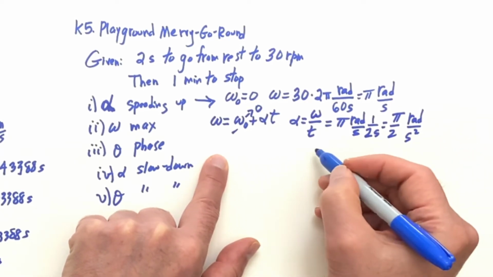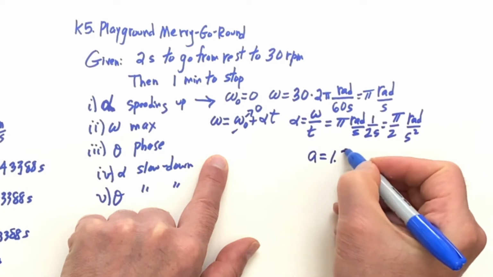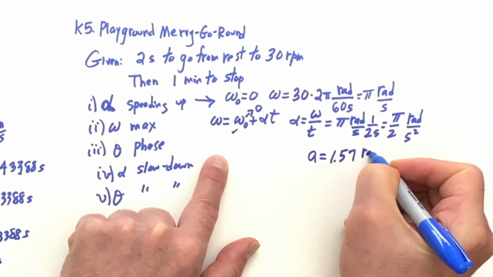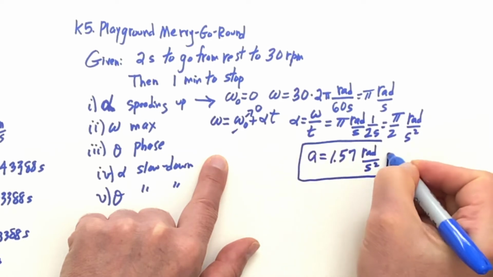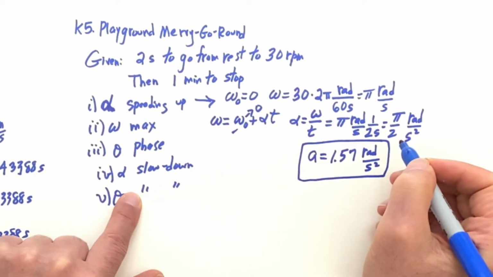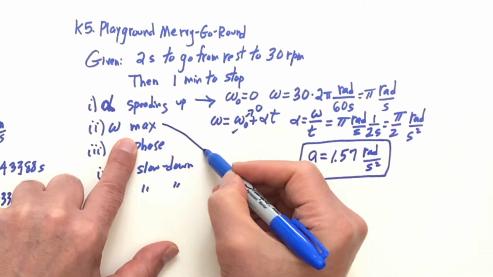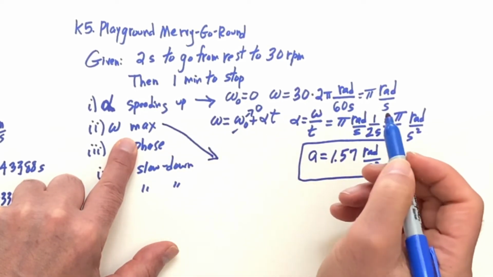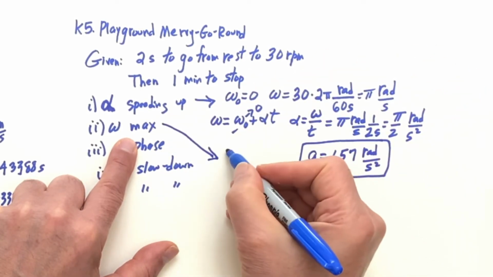Now you can work that out if you like. In fact, it's not a bad idea to just go ahead and put the pi in, divide by 2, you get 1.57 rad per second squared. This would be what they asked for in the problem. There we have it. Notice that we already got this in passing. Sometimes when you do problems, it's easier to do the second question first. So you already have this.